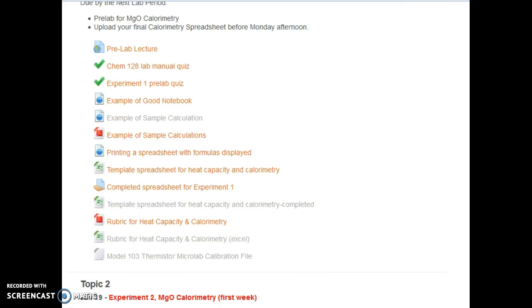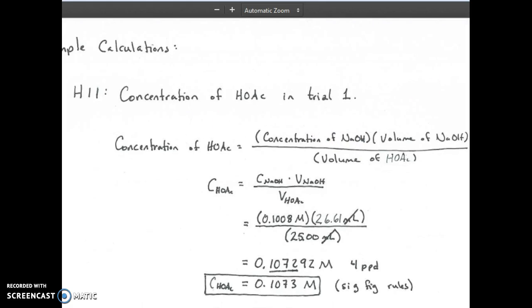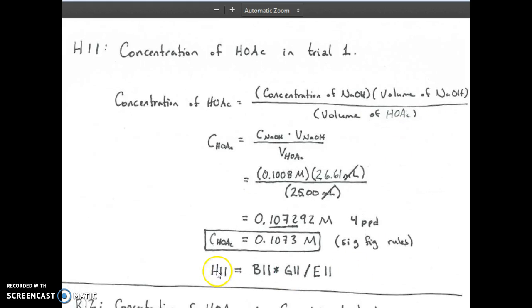Now, if you want better explanation than that, if you go back to Moodle and you scroll down just a little bit, it has an example of sample calculations. This is from a lab from last semester. So what some people like to do, I actually like to go backwards. Like you put the cell that you're trying to find the calculation for, you write down the cell numbers that are in the formula, and then just go through and say, so what is that?